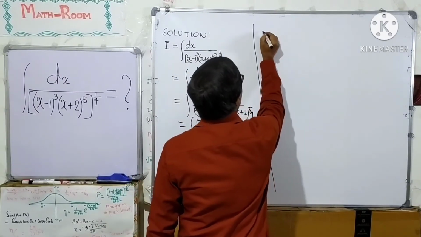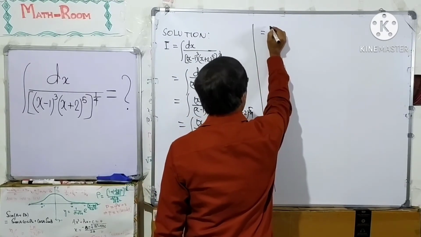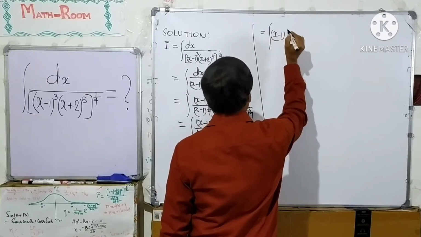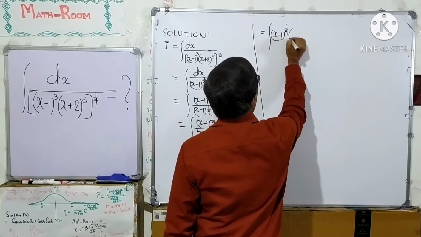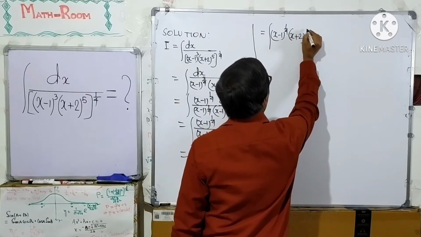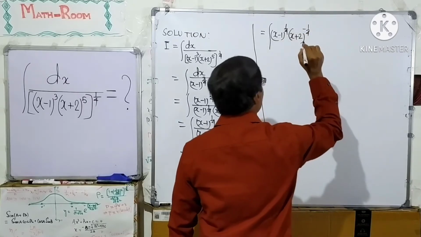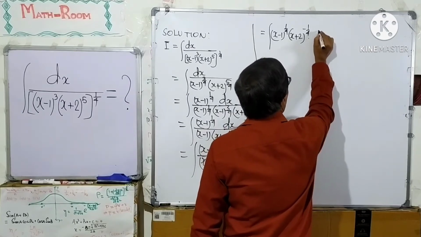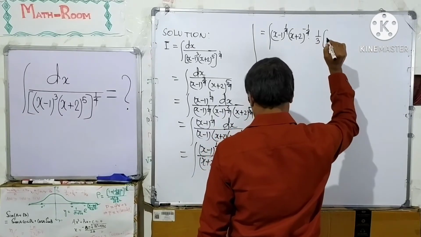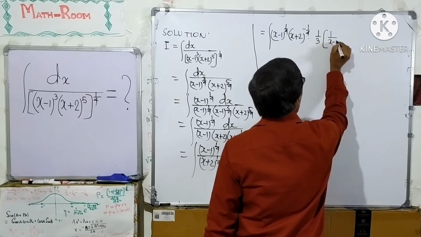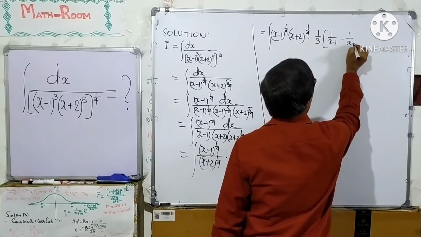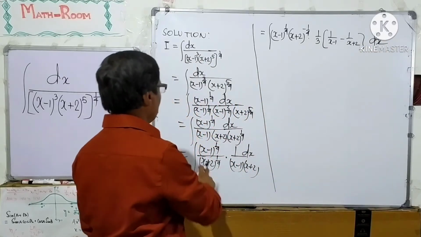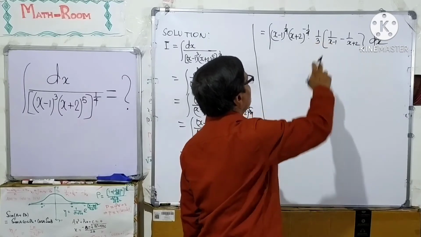So, this is equal to (x minus 1) to the power 1 over 4 (x plus 2) to the power minus 1 over 4 into, this can be written as 1/3 times (1 over (x minus 1) minus 1 over (x plus 2)) dx. This can be written as this.